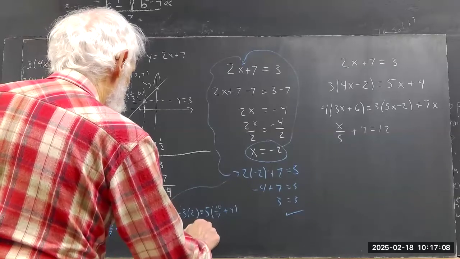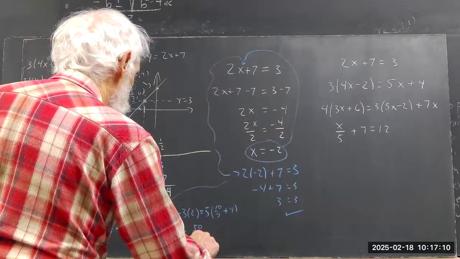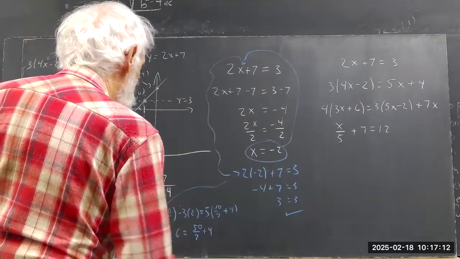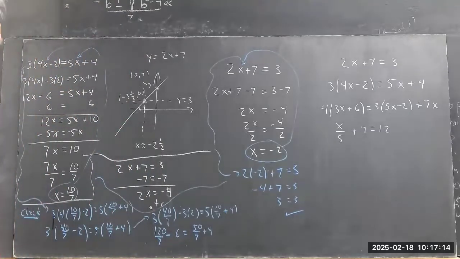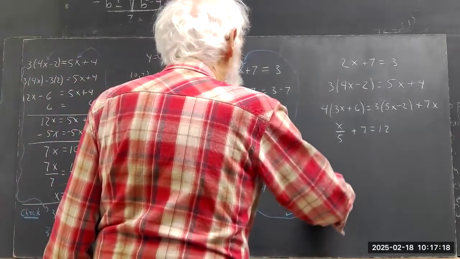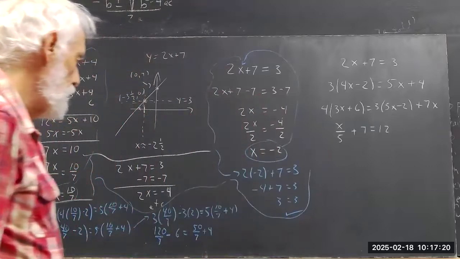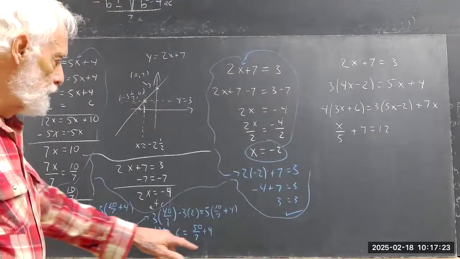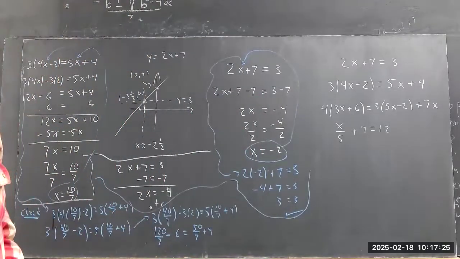equals 50/7 plus 4. Now we're dealing with an equality here. All we're trying to do is verify that this side equals this side.